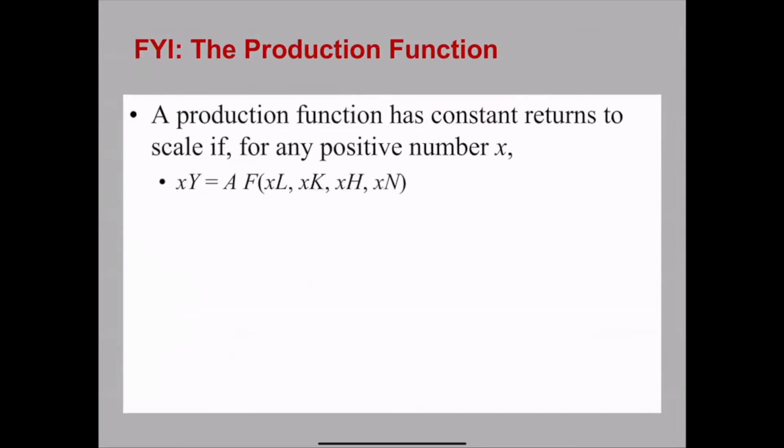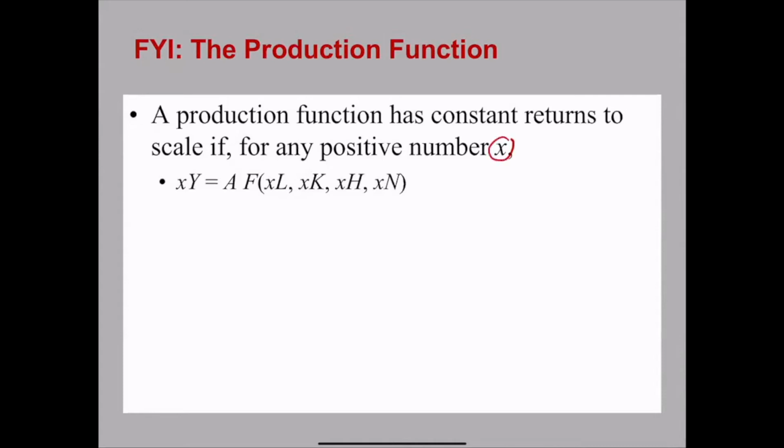If we write this, we want to see how the production function can tell how output can grow if we add more inputs by a fraction x, small x here.